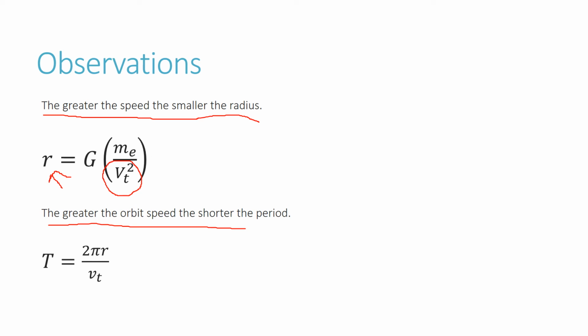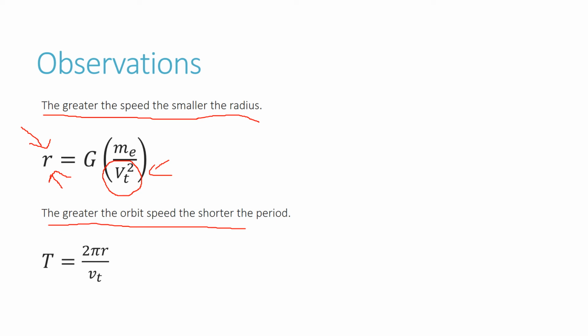So as this gets smaller, this is going to get bigger. That's the general idea. If you're given a speed, you want to know how far its orbit is out based on its speed. And you can go the other way. If you know how far it is out, you can judge how fast it is. You could just solve for the speed if you had the radius. But it happens several different ways.